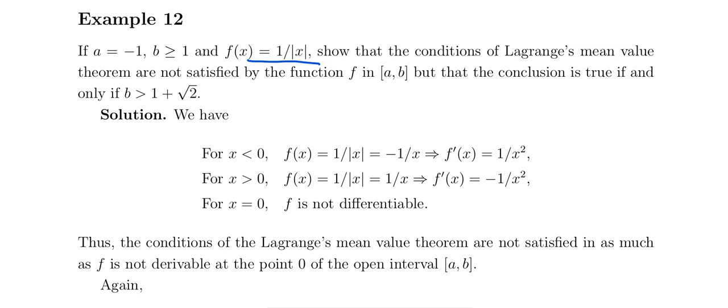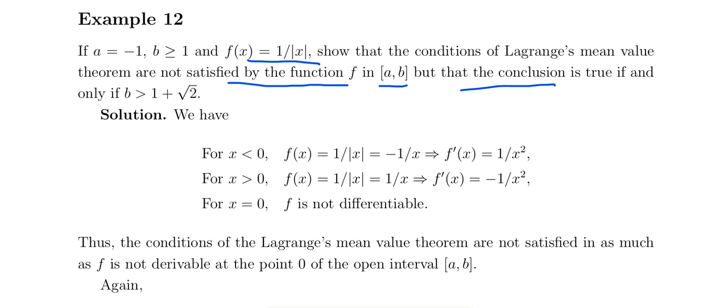So what does the Lagrange mean value theorem say? The modulus function is continuous everywhere but not differentiable at x equal to 0, it says. Here they say a equal to minus 1, b greater than or equal to 1. The Lagrange mean value theorem is not satisfied by the function f in the interval a comma b, but that conclusion is true if and only if b greater than 1 plus root 2.